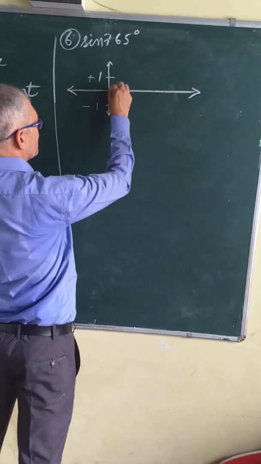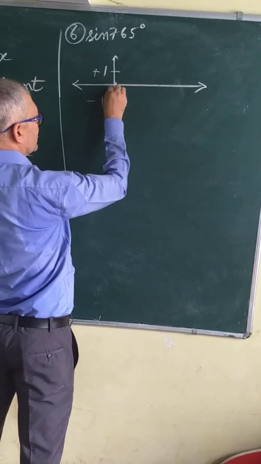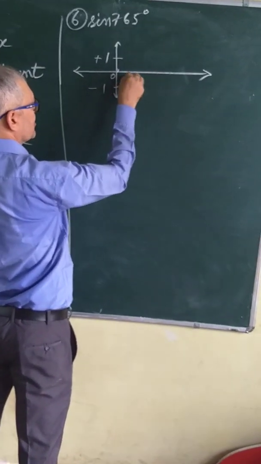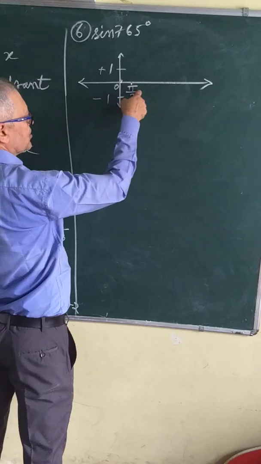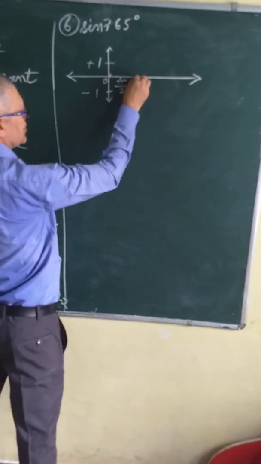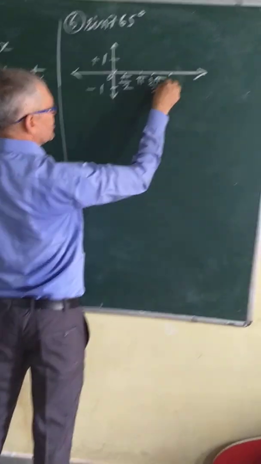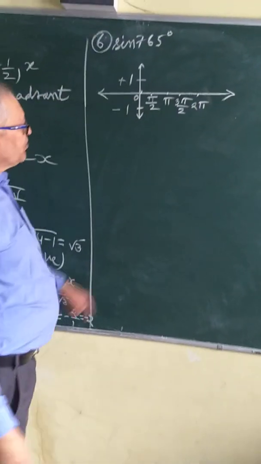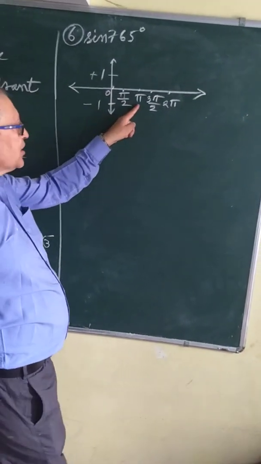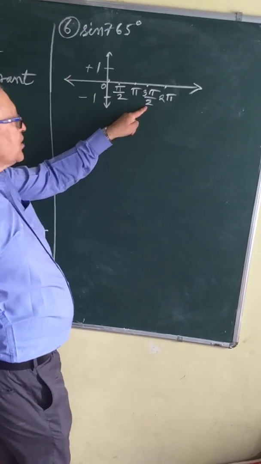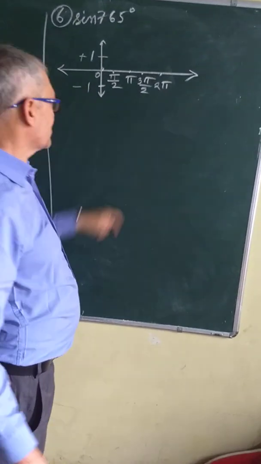minus 1. So sine, suppose this is 0 degree angle, this is 0, this is pi by 2 radian, this is pi radian, this is 3 pi by 2 radian, this is 2 pi radian. So pi by 2 means 90 degree, pi means 180, 3 pi by 2 means 270 degree and 2 pi means 360 degree.